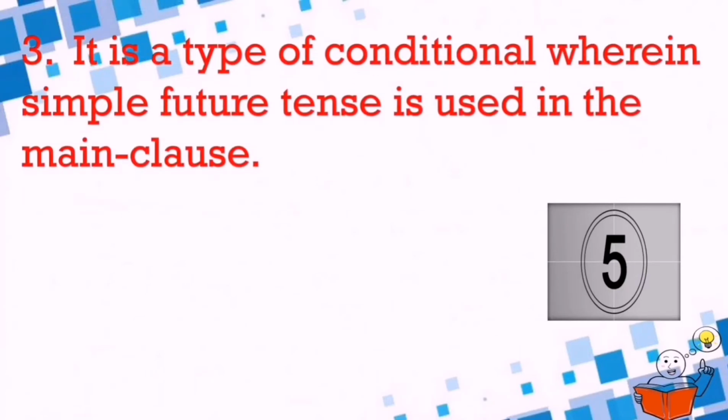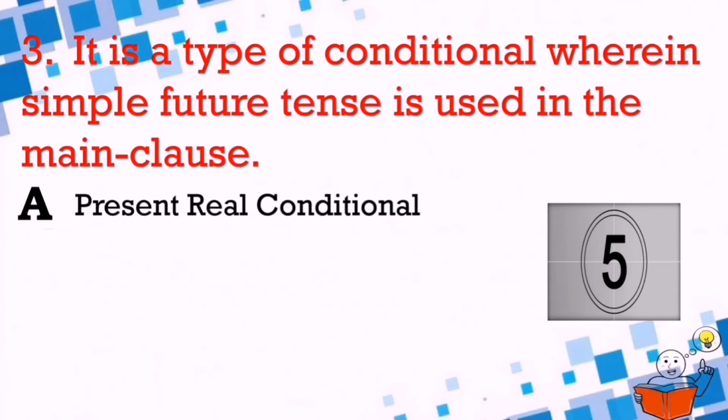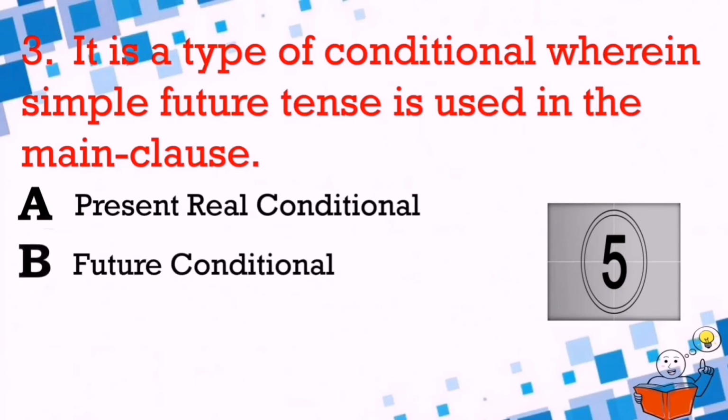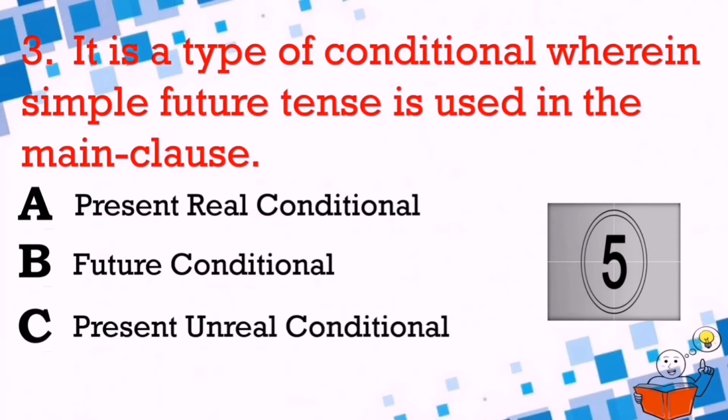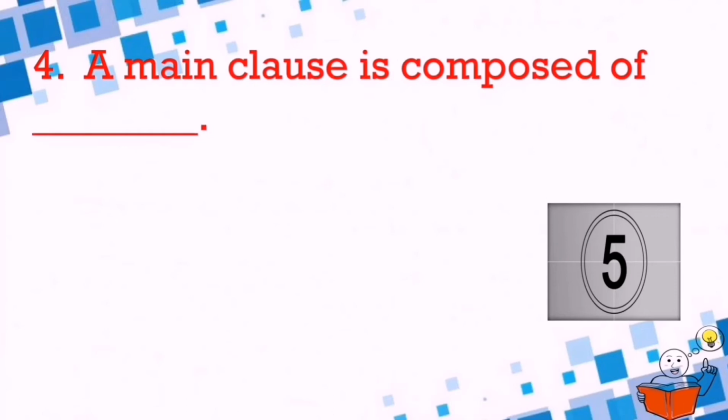Number 3. It is a type of conditional wherein simple future tense is used in the main clause. A. Present real conditional. B. Future conditional. Or C. Present unreal conditional. The correct answer is letter B. Number 4.